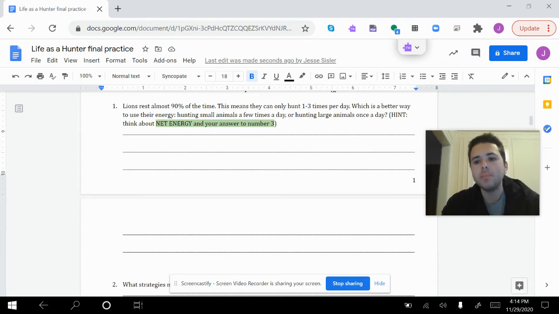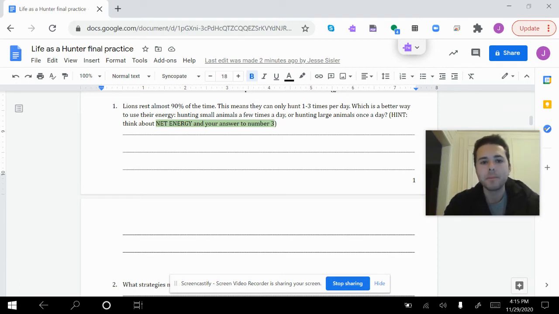So keeping in mind that they only are able to hunt about 1 to 3 times per day, what is a better way to use their energy? Would it be hunting small animals like a meerkat a few times a day? Or would it be hunting a larger animal like a zebra or a wildebeest once a day?